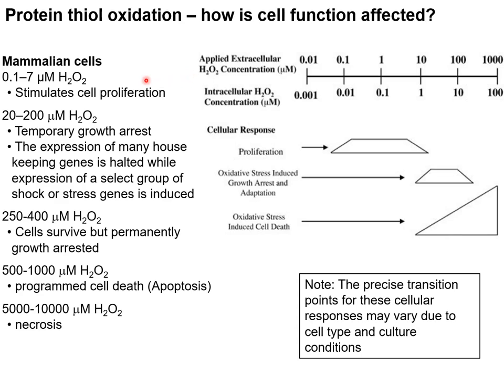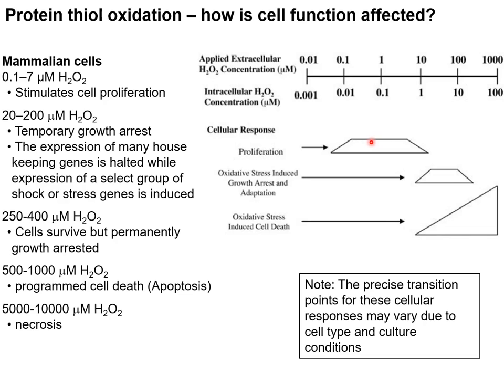However, looking at this, if we take a concentration in the range of 0.1 to 7 micromolar peroxide, we can get stimulation of proliferation, which is what's shown here. That occurs over a range of peroxide concentrations.